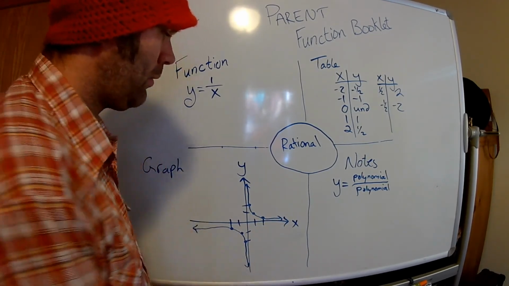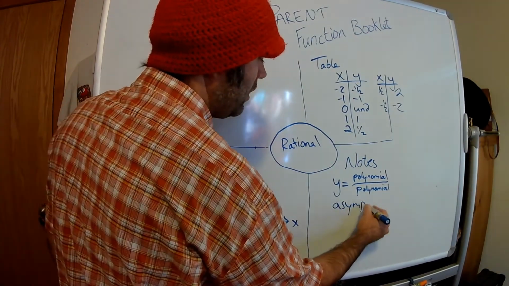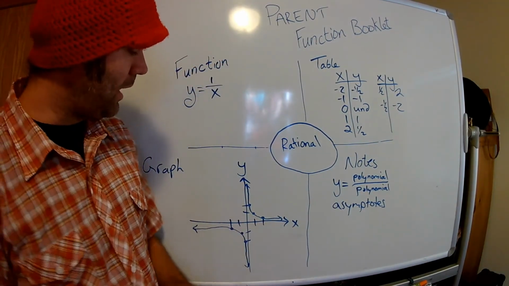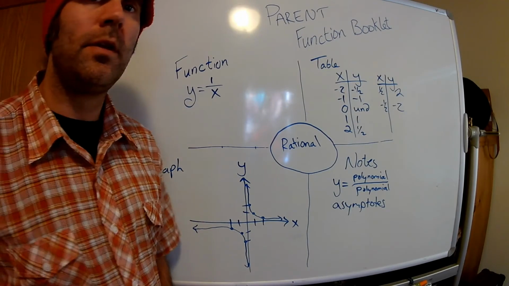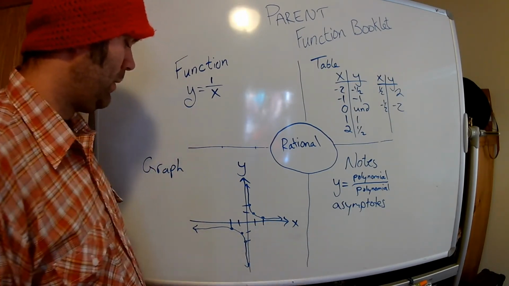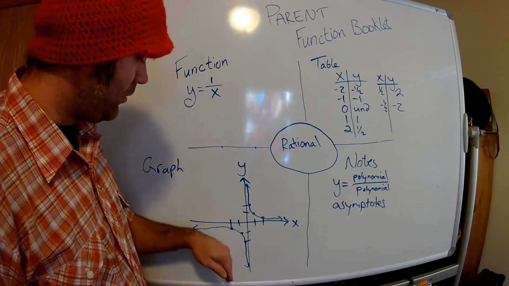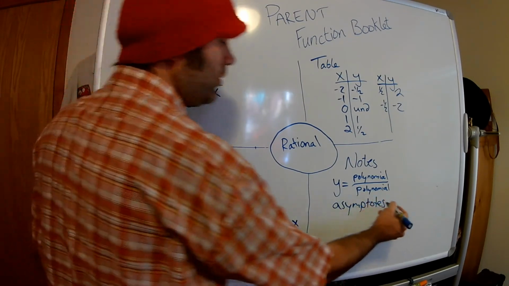So there are what are called asymptotes happening here. We technically have ourselves a vertical asymptote on the y-axis and a horizontal asymptote at the x-axis. These two graph pieces never touch, and they cannot cross the asymptotes.